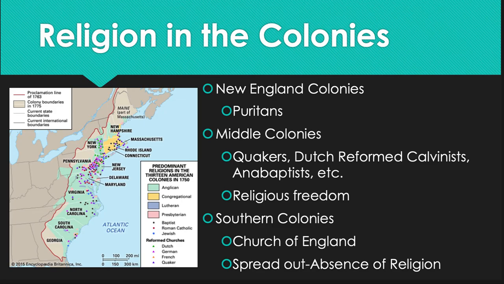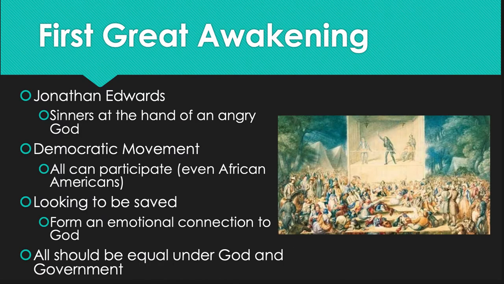So even in religion, just like in economy, the colonies are going to have a very different take on what they practice. Now, to move into one big event that we see in the colonies is the First Great Awakening.